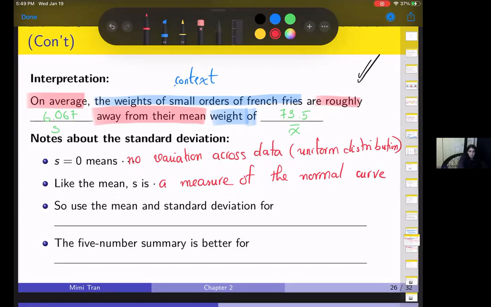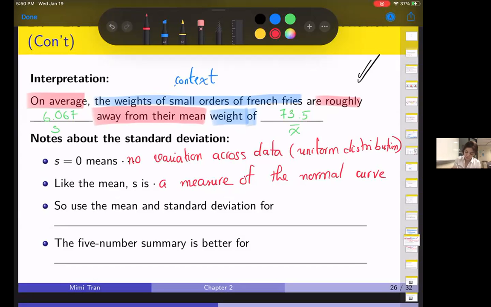The mean is the average. If I give you the mean or the average of values of some data set, what does it tell you? It's the center of the data set. So mean and median measure the center, and standard deviation measures the variability.